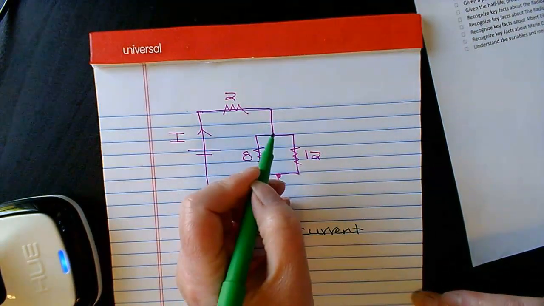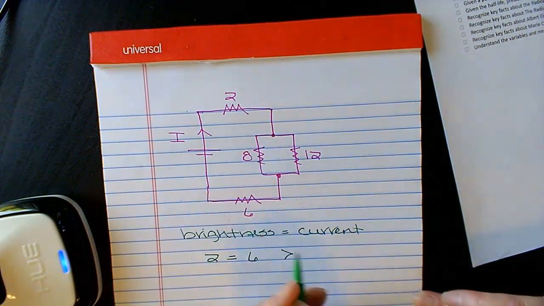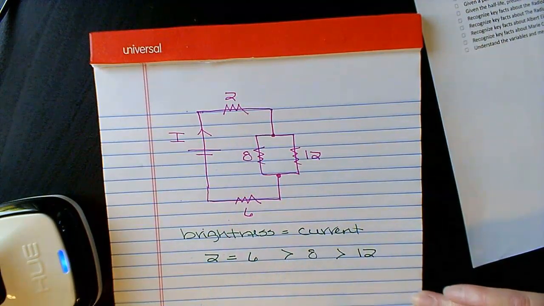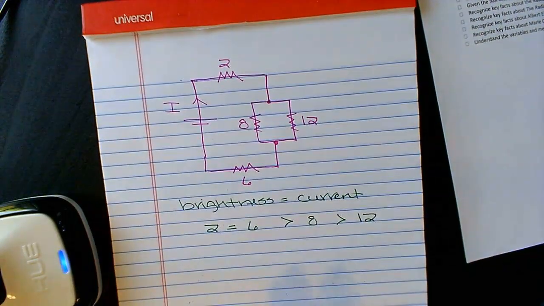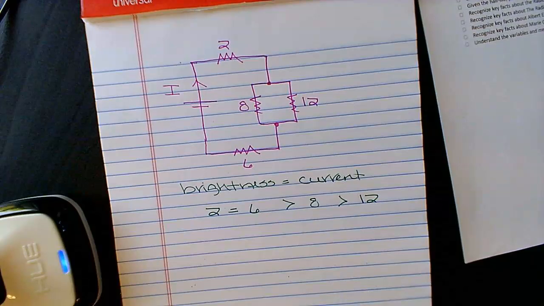And then, if I had to compare these two, there's going to be more current going through the 8. So it's going to end up being brighter than the 12. And I would write it that way. All right, last thing: calculate the equivalent resistance, current flowing from the battery, and maximum power.